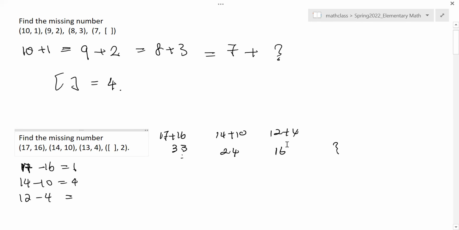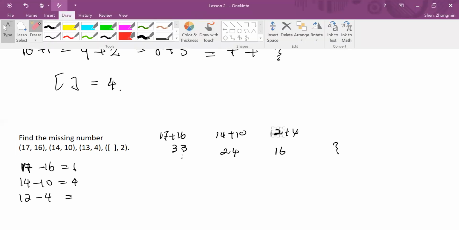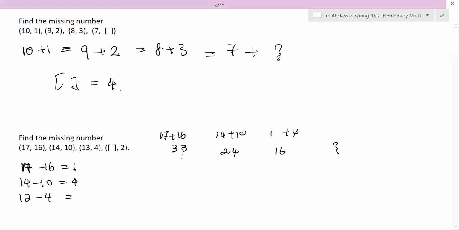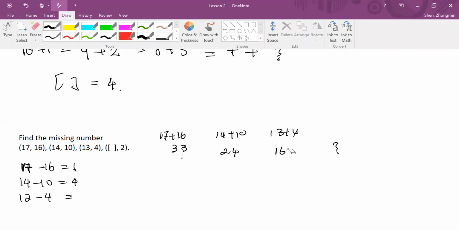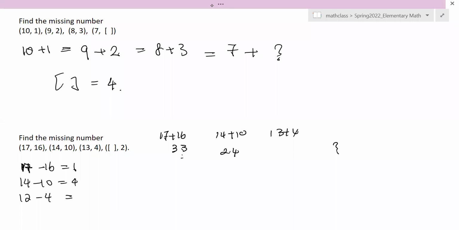So maybe the other methods work. Now it's working. That's a 17, but that's still not working here. So let's see: 13 minus 4 is going to be 9.